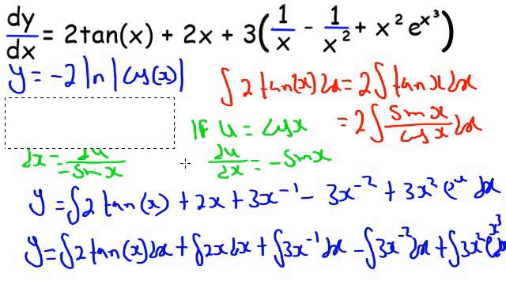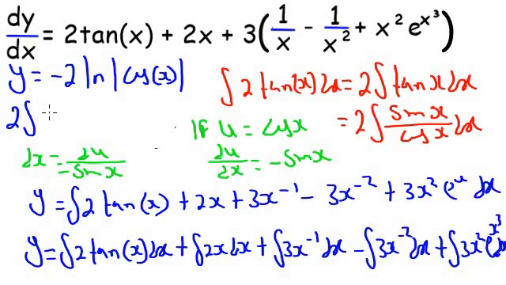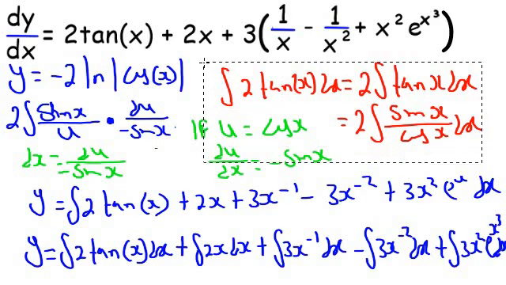Let me cut this out. I'm now going to have 2 times the integral of sine x all divided by u, since cosine x has become u, then multiplied by dx, which is du divided by negative sine x. Perfect. So I don't really need any of this anymore.